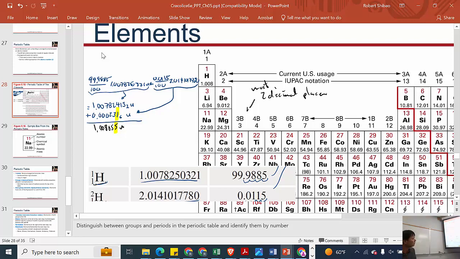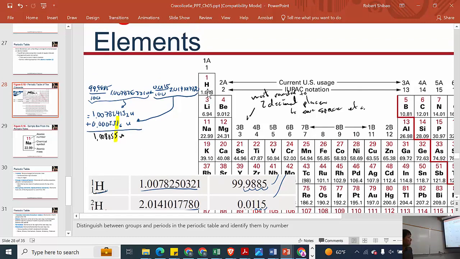We could have more, but to save space, and there are other reasons too. Hydrogen often will go 3, but most of the others will just do 2.